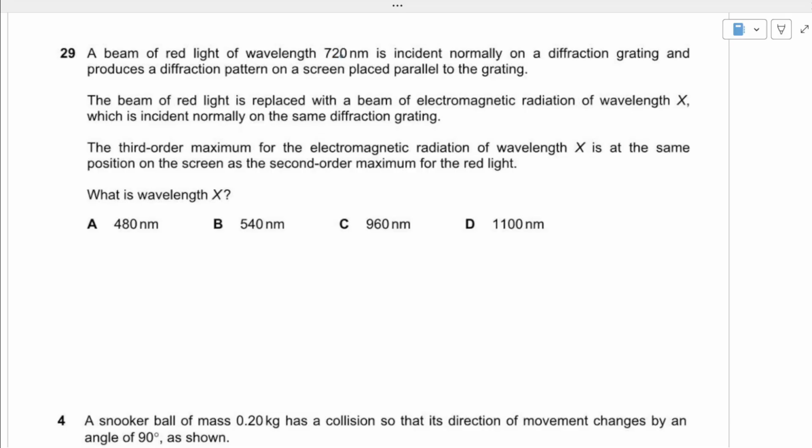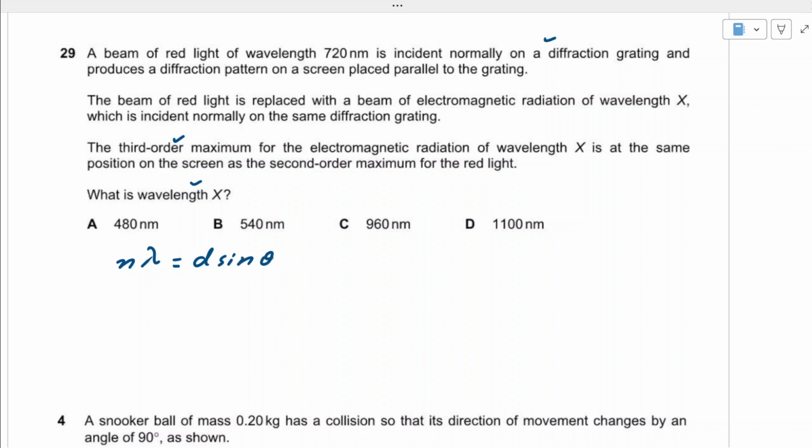So the initial wavelength is this one, and first we have third order maximum for the same wavelength and the same position on the string as the second order maximum. We need to find the new wavelength, and it is for the diffraction grating. So the formula that we have, n lambda equals d sine theta.